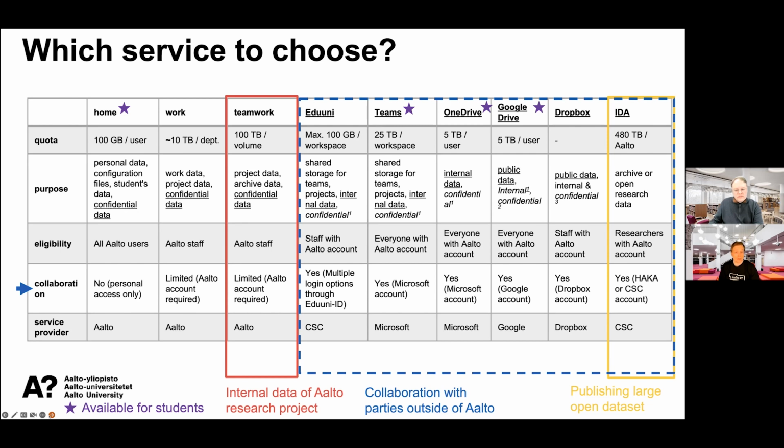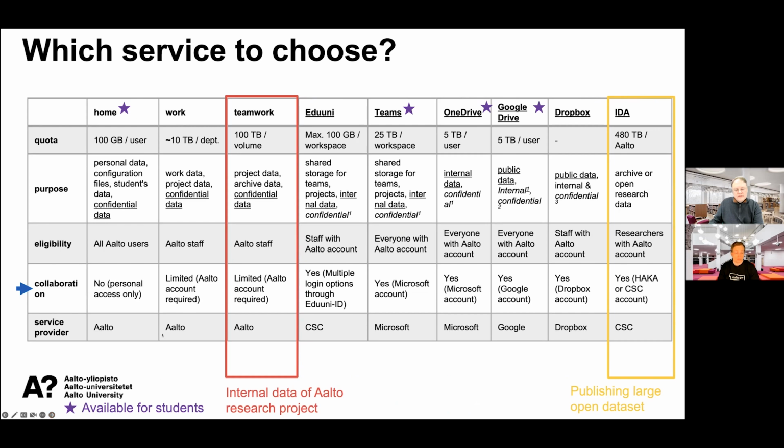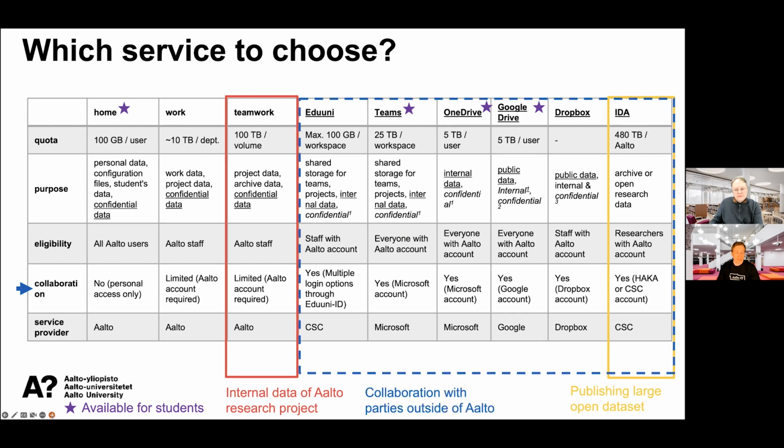And there's also the Microsoft-based eDuni service run by CSC available. But compared to Microsoft Teams, for example, eDuni has a little bit more limited storage space available. So for collaboration, I would recommend starting with Microsoft Teams for a team or OneDrive for single file sharing.